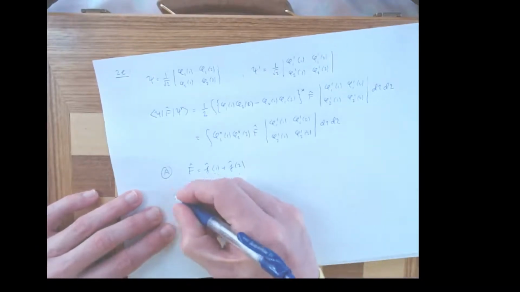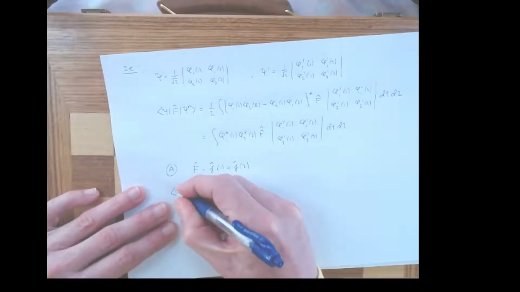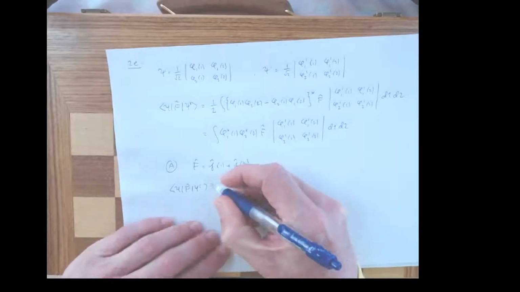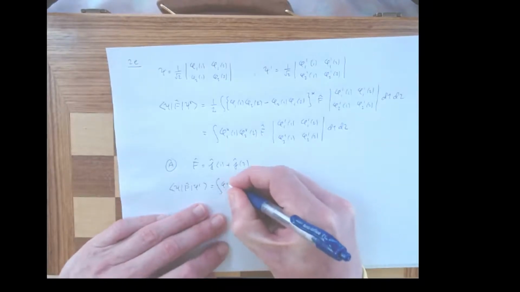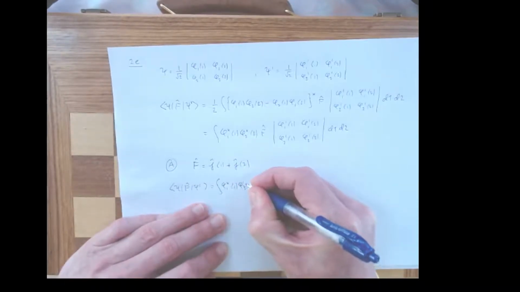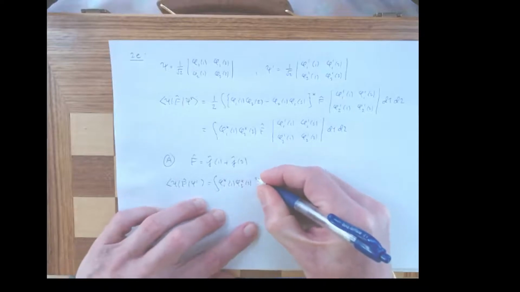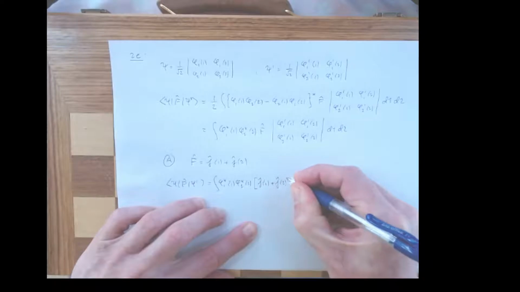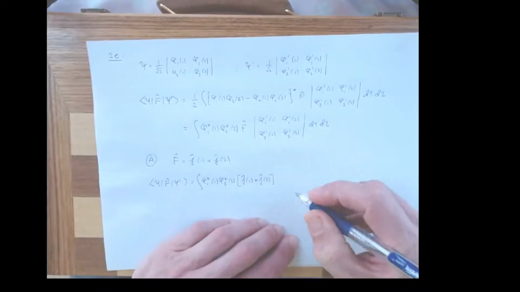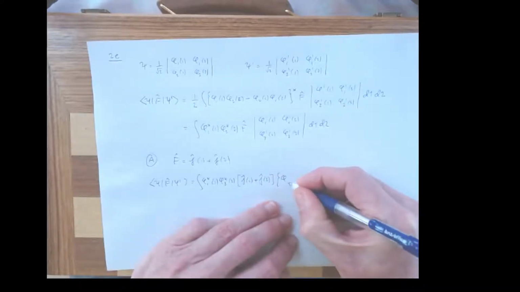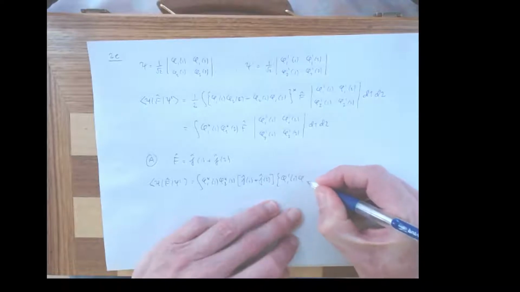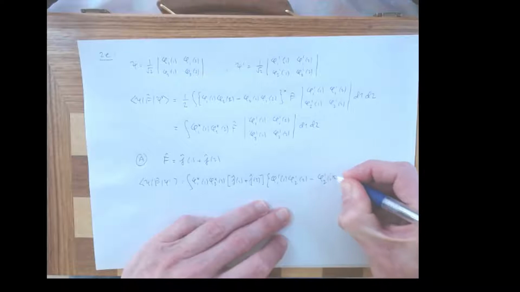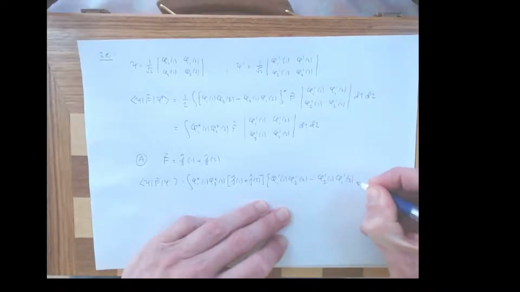So in this case, when I plug in, I get an integral here, phi 1, 1, 2, 2, and then my operator. And now let me expand the determinant. I get a 1 prime 1, 2 prime 2, minus 2 prime 1, 1 prime 2.